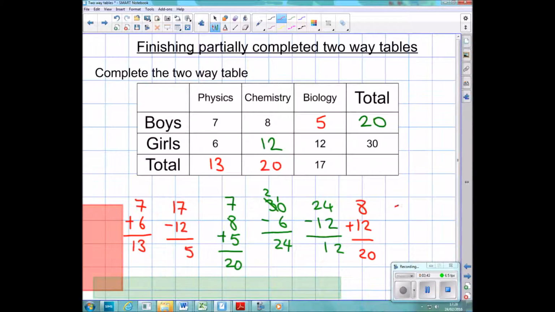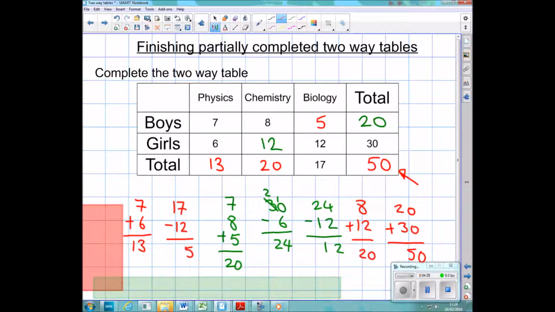And I'm going to add the 20 and the 30 for the total to get the whole total, which is 50. Now this 50 is a very important number because this is the total amount of data in the entire two-way table. So that is how many boys and girls there are in total.